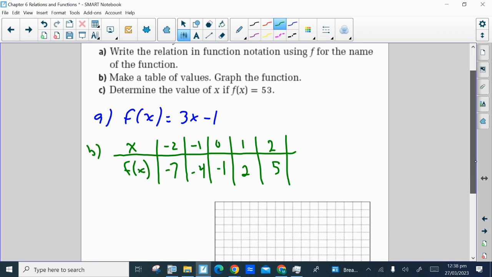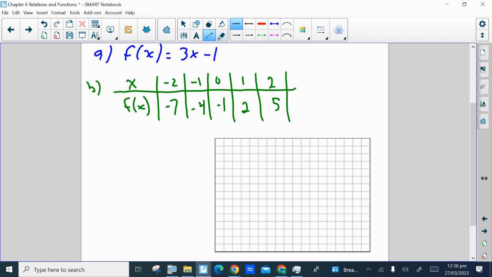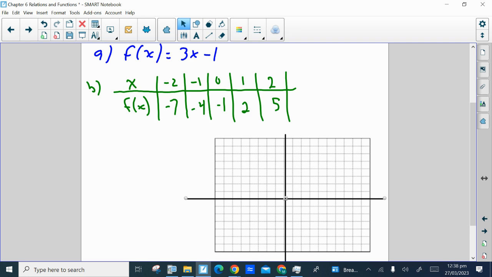Now it asks us to graph the function. So let's draw our axes in there. And maybe I'll just move this over so it's more in the middle.